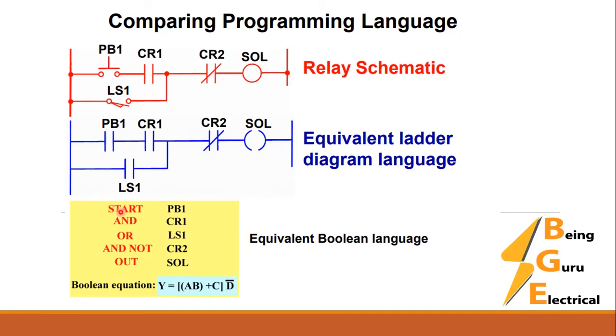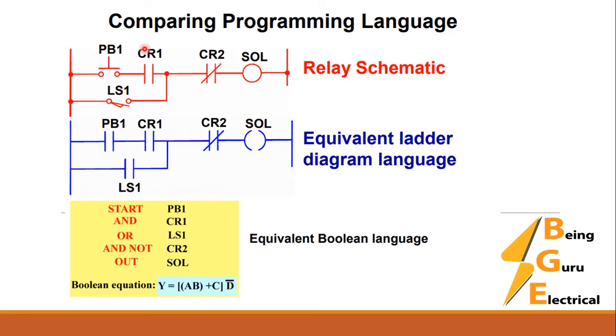Start is the initiation for the program. From here we mention start, then we have push button 1, so we write PB1. PB1 refers to this switch. Now this is in series with CR1, so we mention PB1 and CR1. It represents push button 1 AND with CR1 because it is in series.